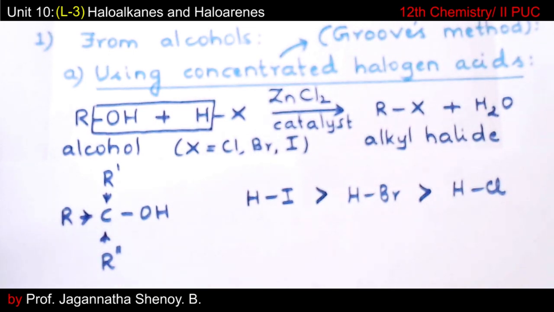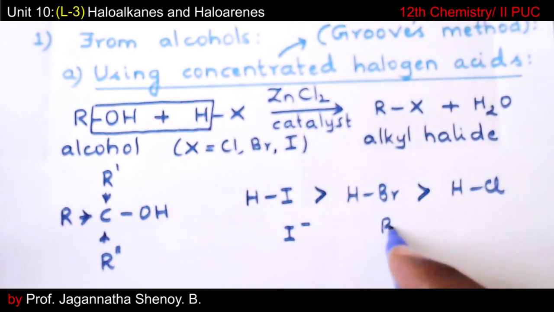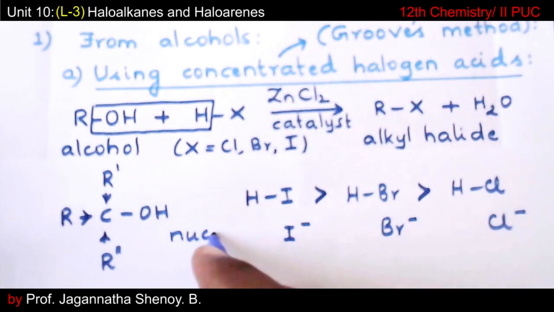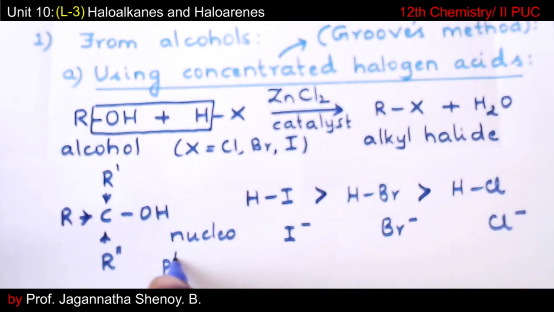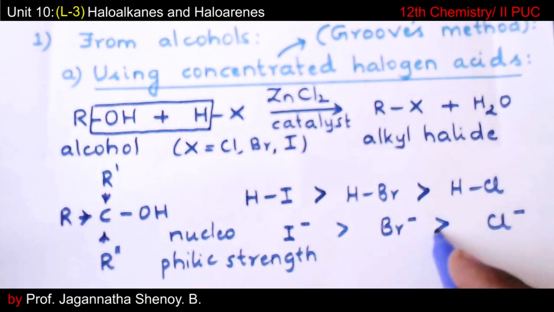HCl. It can also be explained in terms of nucleophilic strength. Once this particular bond is broken, I get I minus ion. Same way here I will get Br minus and here it is Cl minus. So if I consider the nucleophilic strength, iodide ion is a stronger nucleophile compared to bromide, and bromide is a stronger nucleophile compared to chloride.